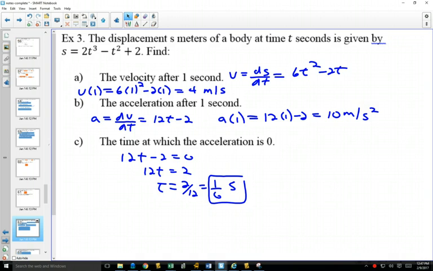And what does that mean? What would that mean?